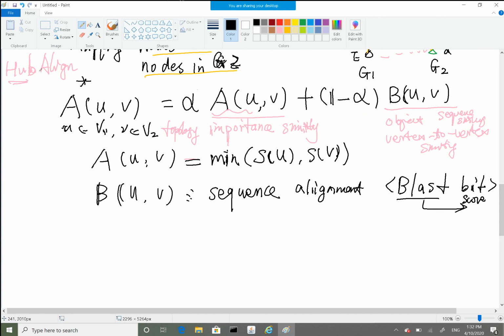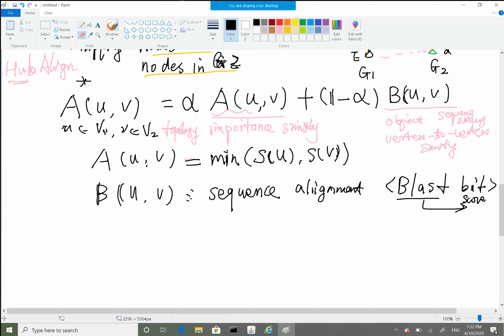And then this is A corresponding to the importance similarity. You put them together and make another function. Although it's the same as A because it came from that, it's alpha. The author used alpha.